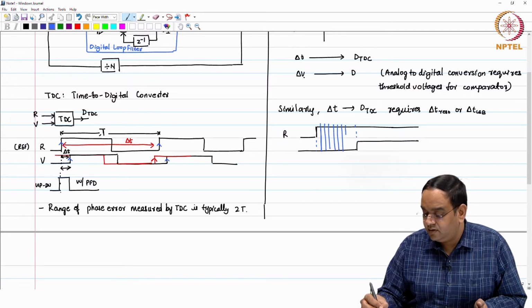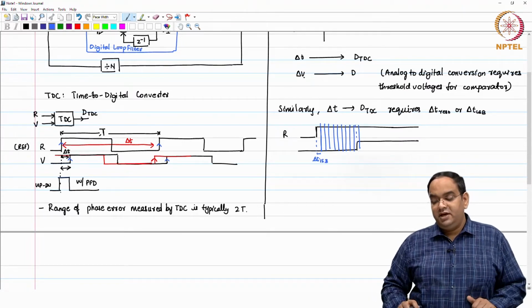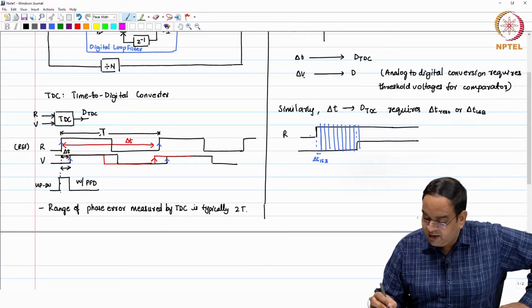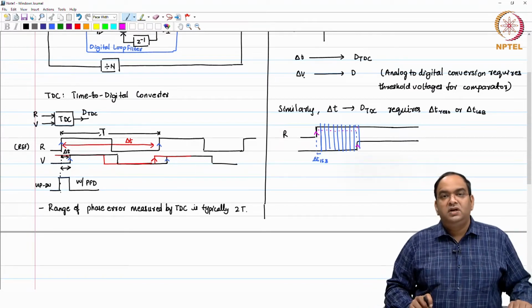Each slot is delta T LSB. If such is the case, then you can count how many slots we have between these two rising edges. 1, 2, 3, 4, 5, 6, 7, 8, 9. So, 9 complete slots and the 10th slot is half.